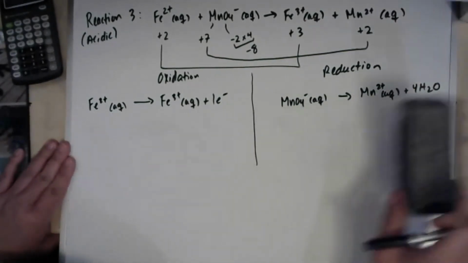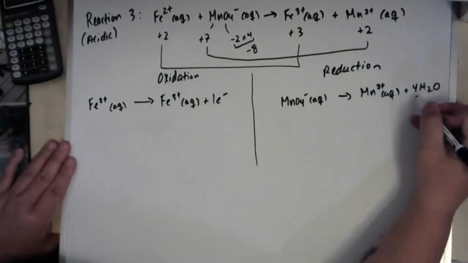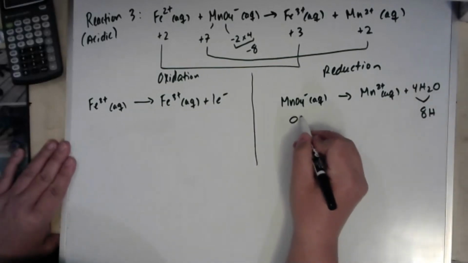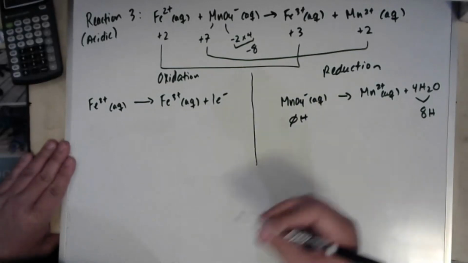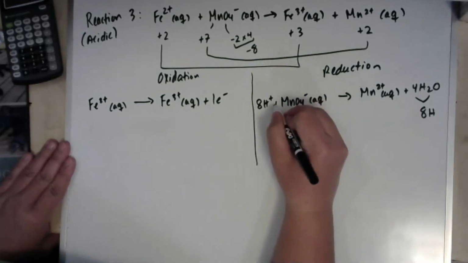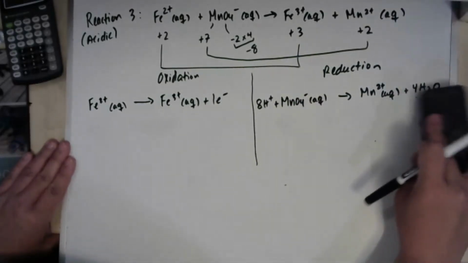When I added the 4 water molecules, though, I messed up my hydrogen balance. Now I have 8 hydrogens on my product side, and I have 0 hydrogens on my reactant side. So I'm going to fix that by adding 8 hydrogen ions over here. Okay, so that's how that works.